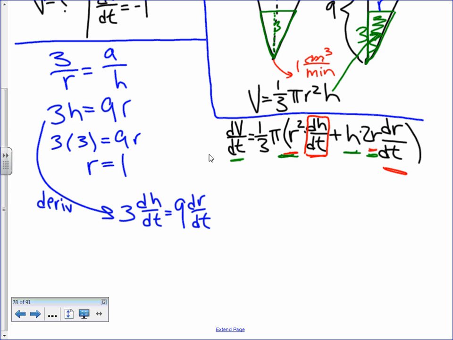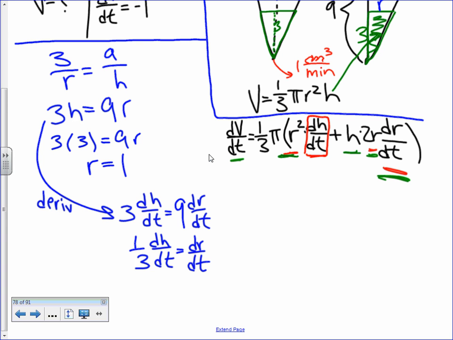So what I can do is get dr dt out of my equation, because I can divide it by 9 and get that 1/3 dh dt equals dr dt. So anywhere in my equation that I see a dr dt, I can now substitute in 1/3 dh dt. So right here where this dr dt is, I can substitute in a 1/3 dh dt, and now I'm only going to have dh dt as my variable remaining in my equation.